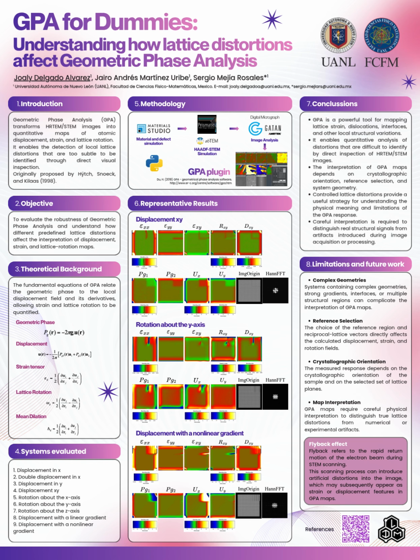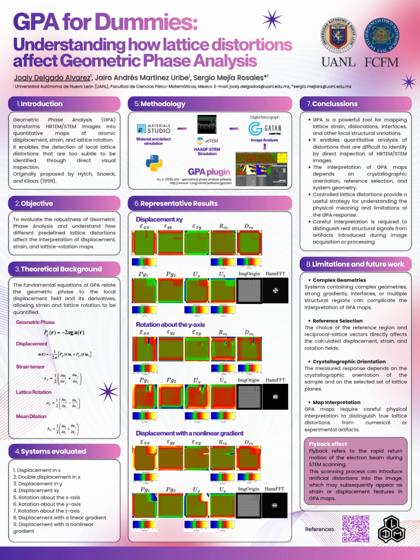Nevertheless, the interpretation of GPA maps strongly depends on crystallographic orientation, reference region selection, reciprocal lattice vector selection, system geometry, and image processing parameters.